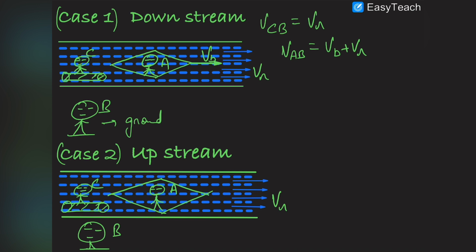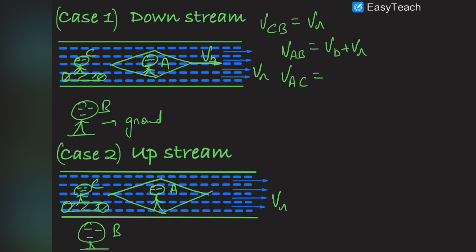In this case the boat is moving at full throttle, 20 meters per second, in the direction of river flow, so we can easily say that the velocity of the boat with respect to the ground would be 10 plus 20, which is 30.